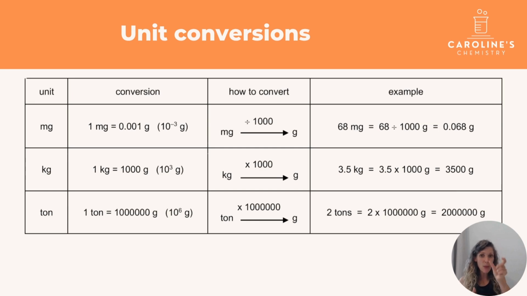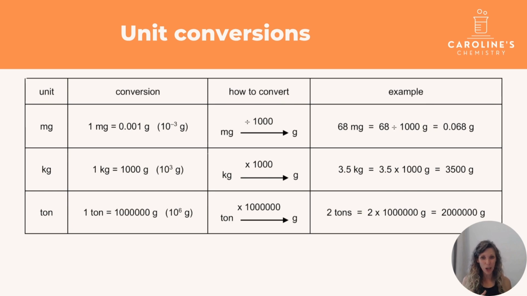And you can see there in the middle column how to apply that. So to go from milligrams to grams, we divide by 1,000. To go from kilograms to grams, we times by 1,000. And to go from a ton to grams, we times by 1 million, 1 and 6 zeros.